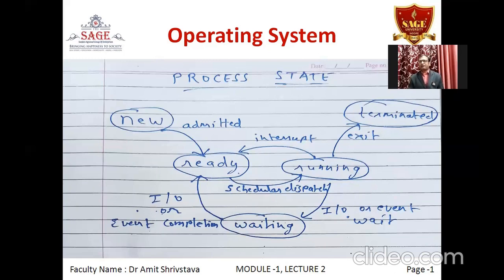If the number of statements which require calculation is more than 60 or 65% of our complete program, then we say that that particular program or process is a CPU bound process.